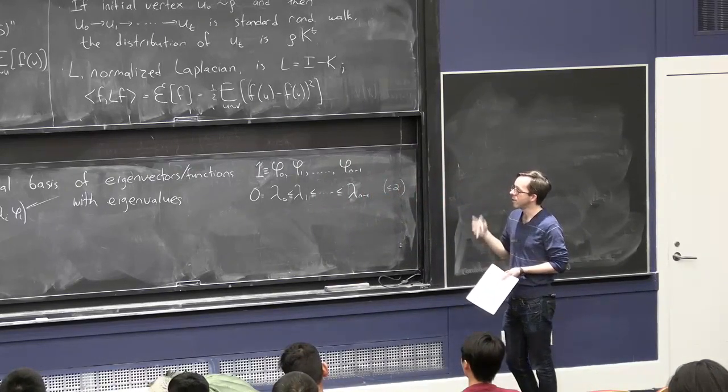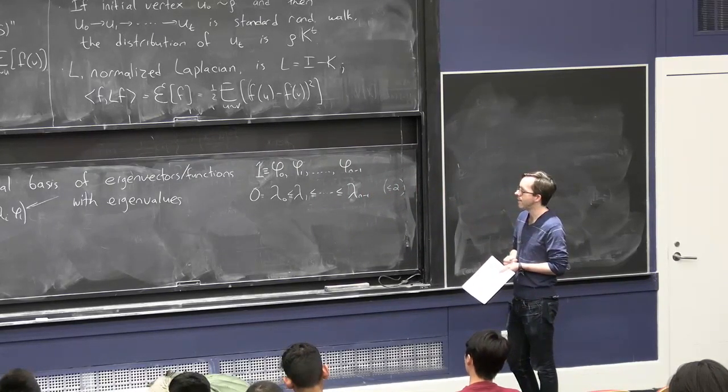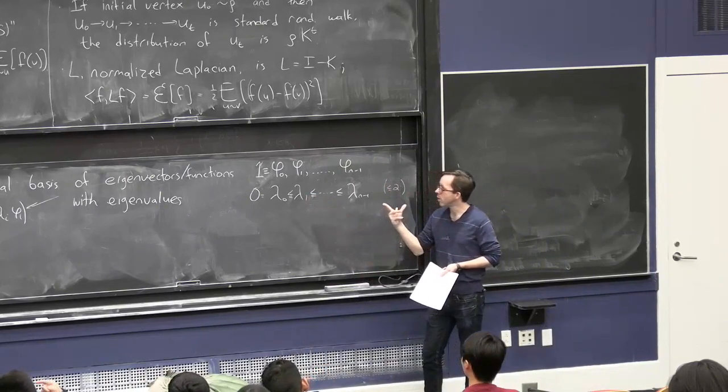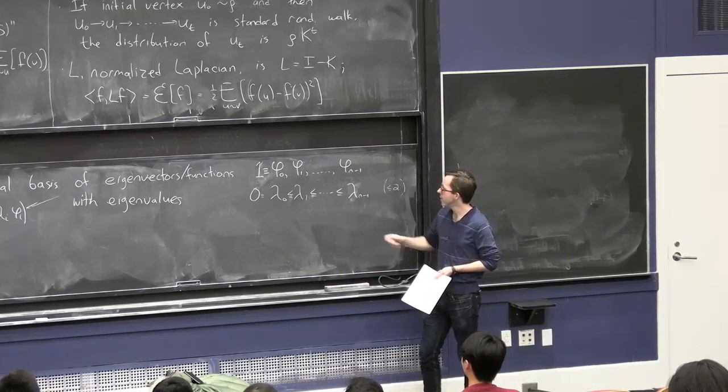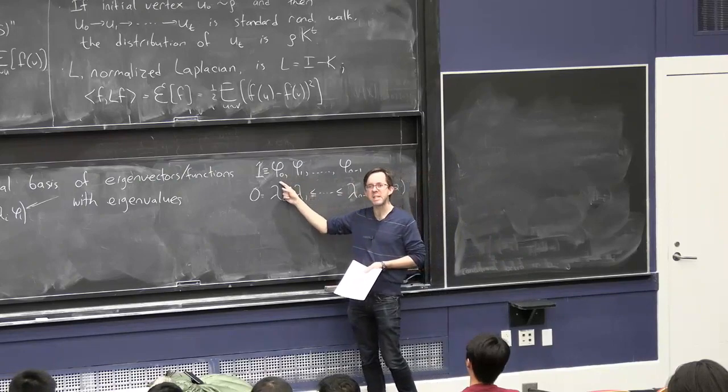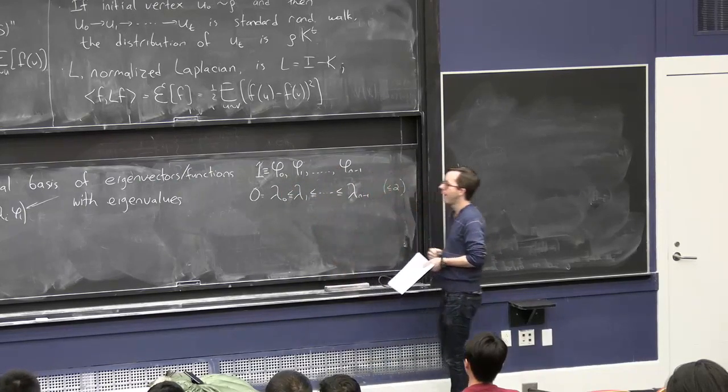And our theorem was this. This Laplacian matrix L has an orthonormal basis of eigenvectors. So there's some basis for all n-dimensional vectors, phi 0, phi 1, up to phi n minus 1. And phi 0 is a particularly simple vector: the vector of all ones.